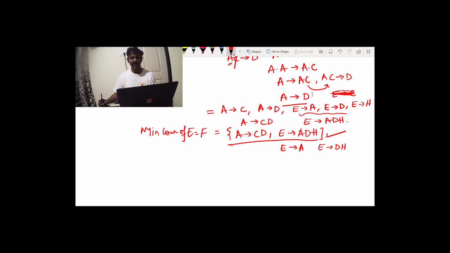But if you see the transitivity here, E determines A and A determines CD, so it implies that E determines CD. And we have E determines DH. So the minimal cover here would be E arrow CDH. So one extra D can be eliminated. So the only functional dependency that is needed as a cover is E arrow CDH.